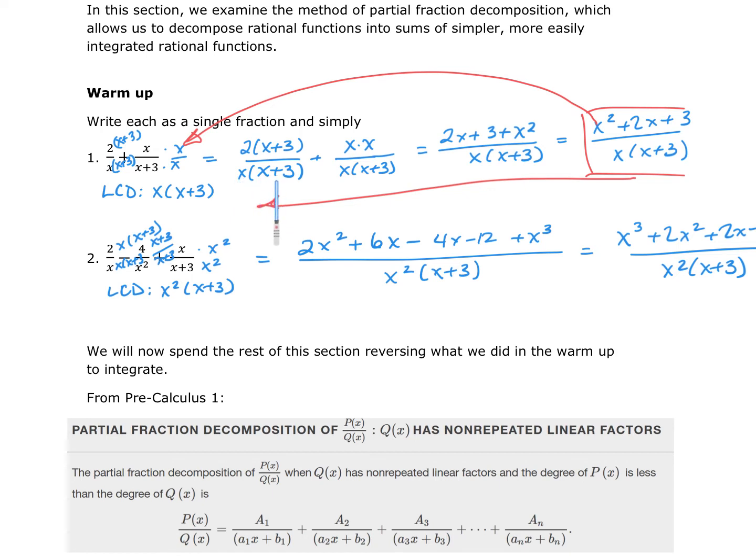Those are two linear factors, and they're non-repeating. If I look at my second example, I have a repeating linear factor, which is x squared. The first linear is x, the second one is x squared. So this is repeating, and then x plus 3. This partial fraction decomposition is for non-repeating factors, so it would only apply to my first example here. It wouldn't apply to my second example.